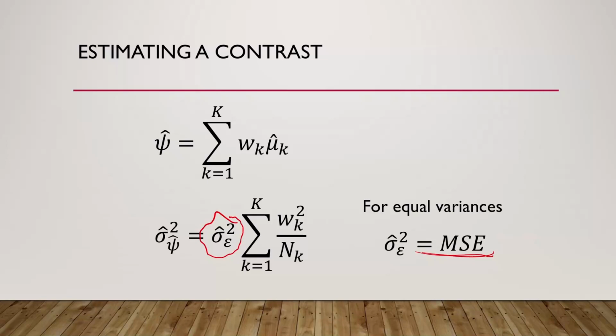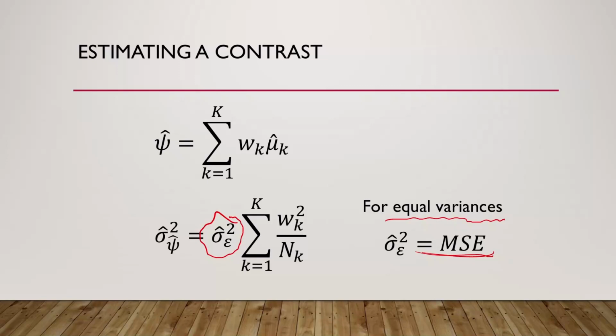Now note that in order to be able to use this MSE across all the different groups, you're assuming that you have equal variances. And that's just the same thing we do when we do an omnibus analysis of variance. We assume in the populations that the variance of the conditions are about the same. And so we're assuming here equal variances.